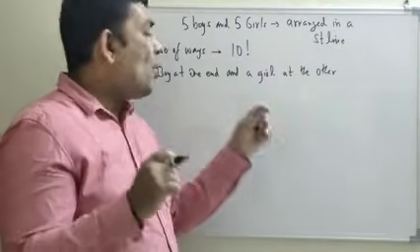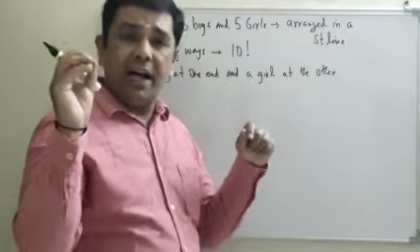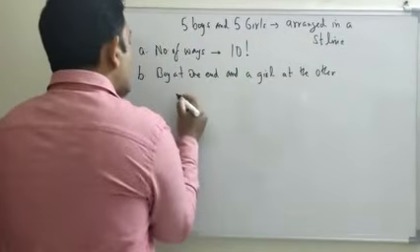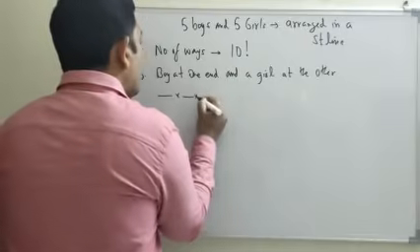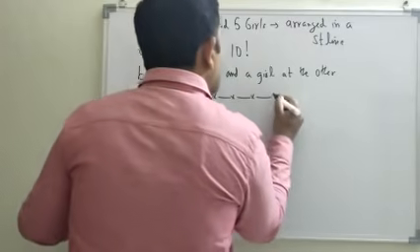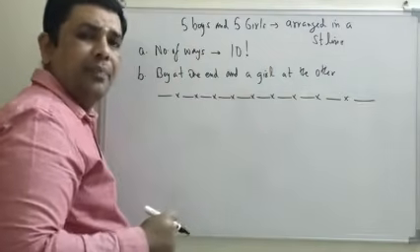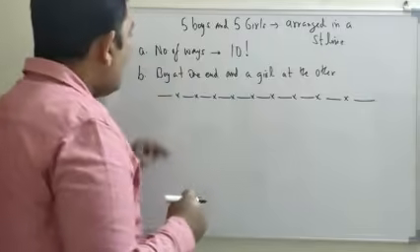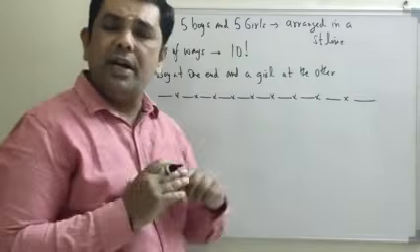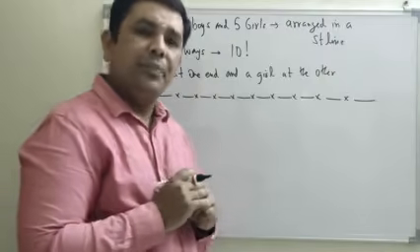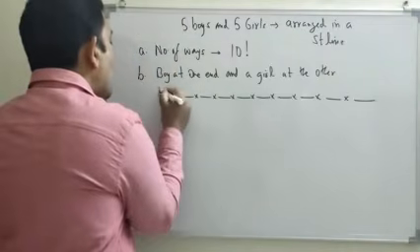We need to have a boy at one end and a girl at the other. Please listen carefully. So what we will do, 1, 2, 3, 4, 5, 6, 7, 8, 9 and 10. Correct? We will first satisfy the most important condition in the question. So here we need a boy.